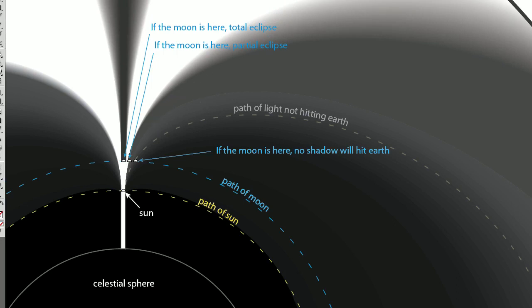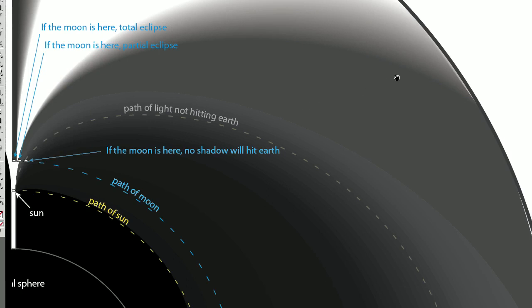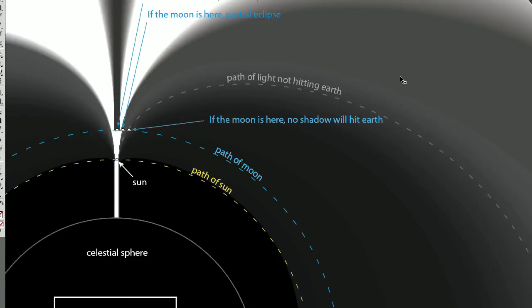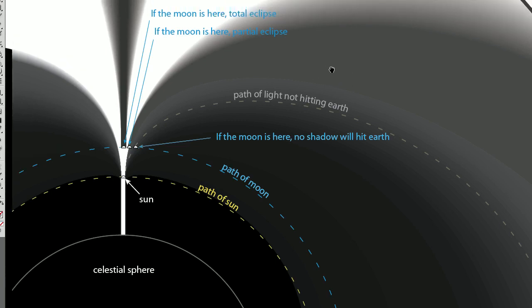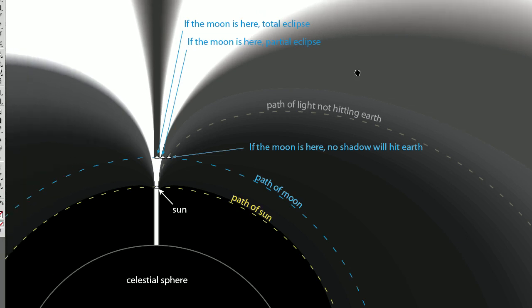And so this area over here on the Earth, or in the Earth, is going to be shaded, and it's going to be what you would call a penumbral shading, not the umbral shading. The umbral shading is where it's darkest, and so we're not really going to get much of an umbral shading with the partial solar eclipse.